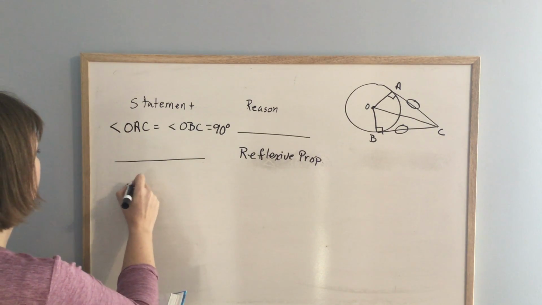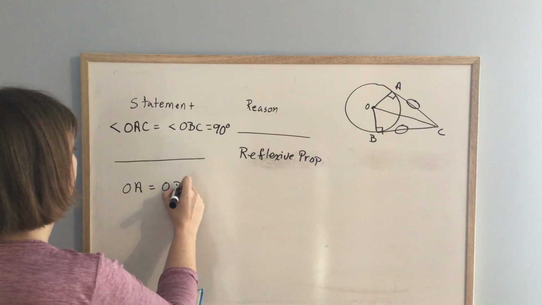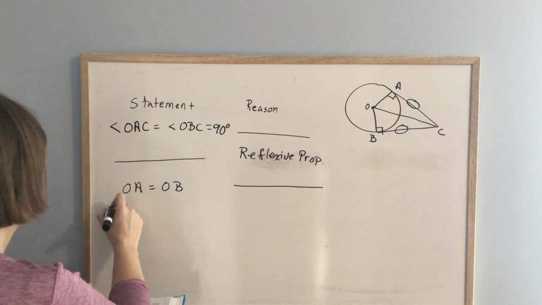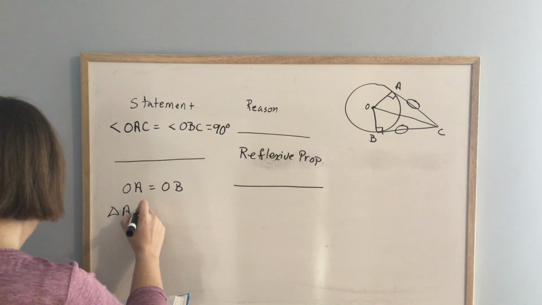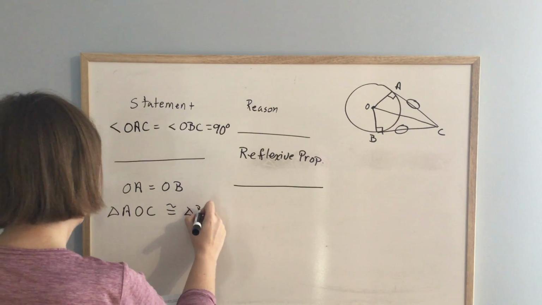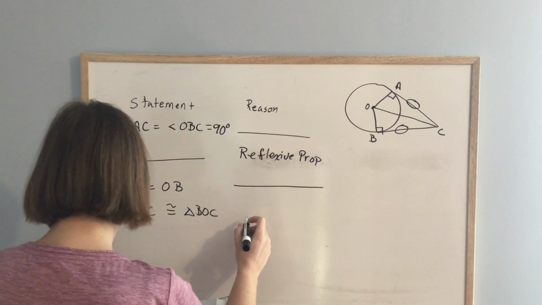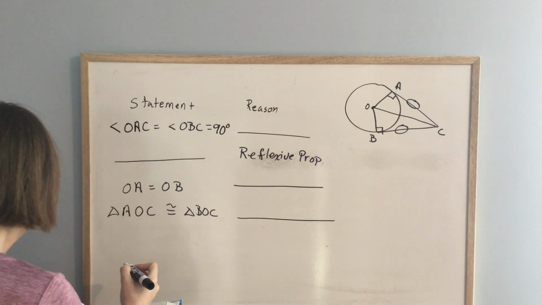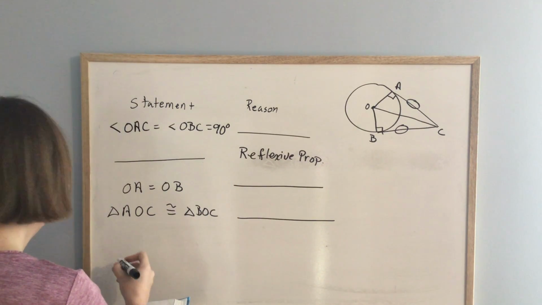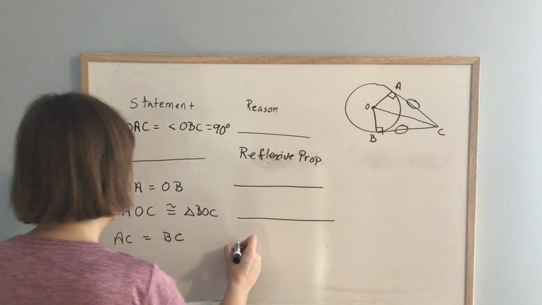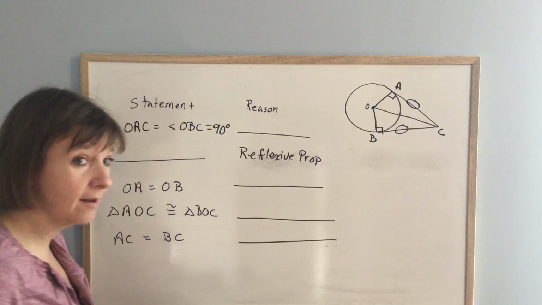And then they say OA is equal to OB, and they want to know why. And then they say triangle AOC is congruent to triangle BOC, and they want to know why can I say that. And then they say AC is equal to BC, and they want to know why can I say that.